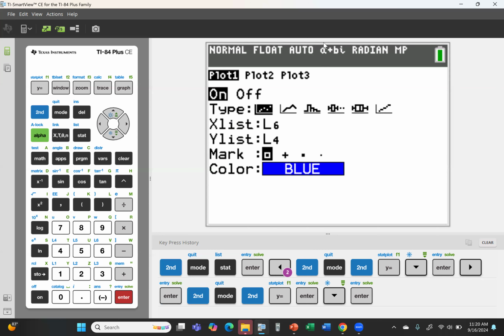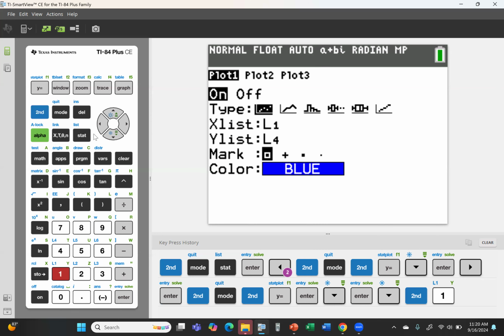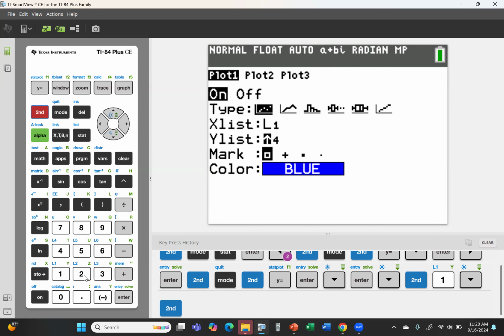I put mine in L1, so I go down and do second 1. Then I put my output, the number of millions of women, in my Y list in L2, so second 2. Okay, so I'm good to go there.